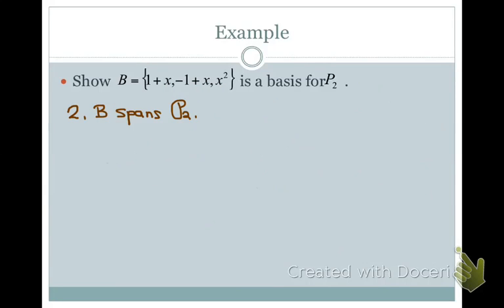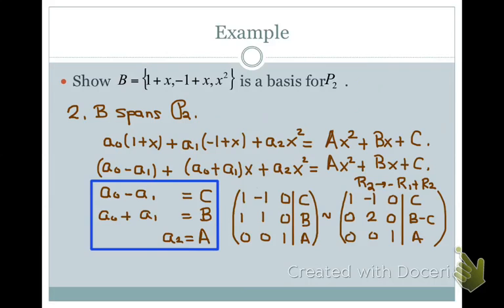The second property we must show is that the set of vectors in B spans P2. To show that the set of vectors in B spans P2, again we take a linear combination of those vectors, and then we set it equal to an arbitrary quadratic polynomial, which is ax squared plus bx plus c.